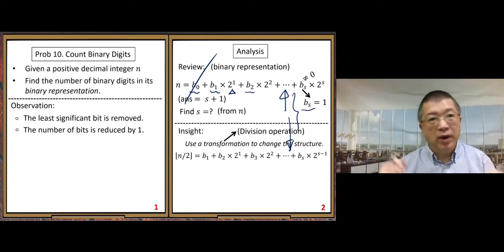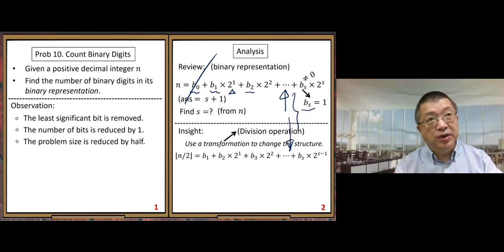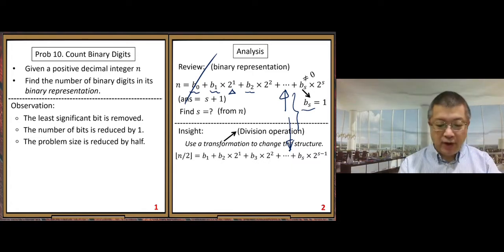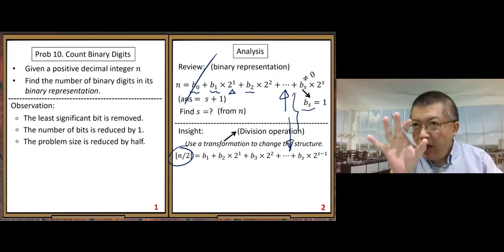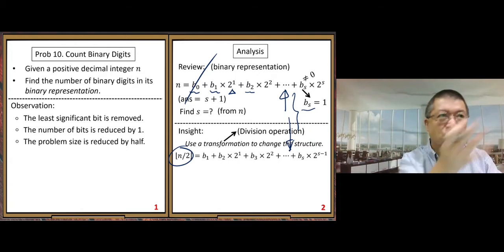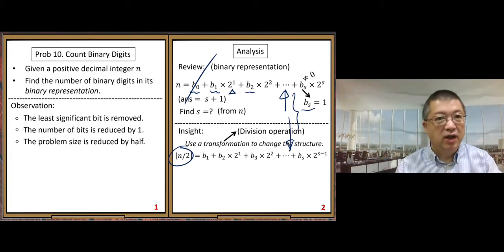But the problem size is reduced by approximately half, because it is the floor function of n over 2, almost, so we can treat it as half. Half-size reduction. Yeah, so that's the observation.